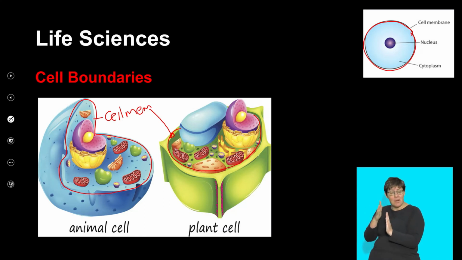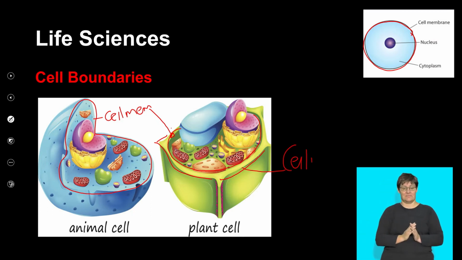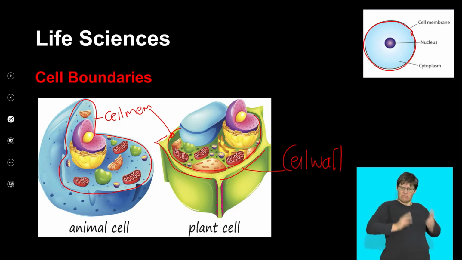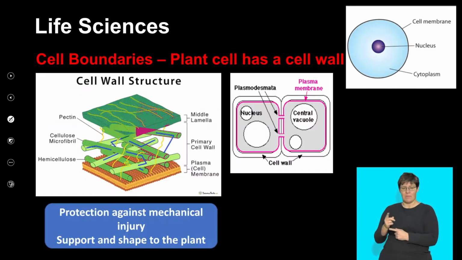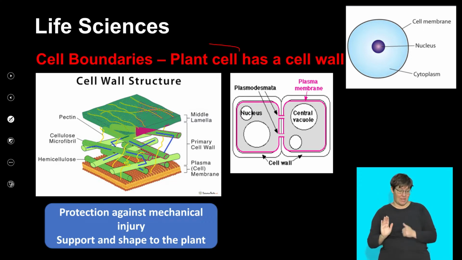But the plant cell has an extra boundary on the side, and that is going to be the cell wall. Plants need a little bit of extra support. Plants need to keep their shape, and so they're going to need a cell wall. What is a cell wall? We only find it in a plant cell, very important.